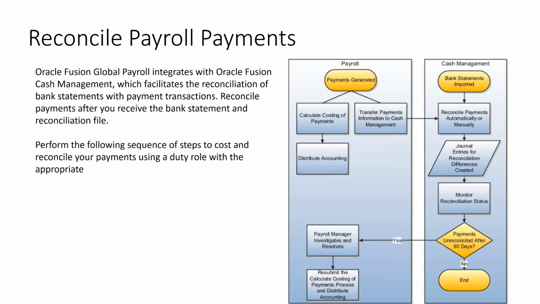The purpose of making payroll and cash management talk is to reconcile your bank statement. In some cases, if reconciliation doesn't happen, then you need to inform the payroll manager, because maybe that person doesn't have a bank account, or some void or cancel payment happened if you are using check payments.